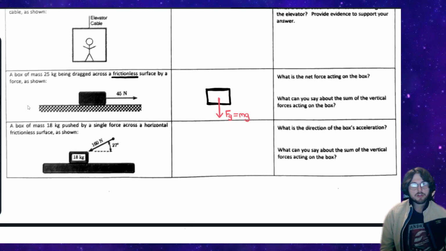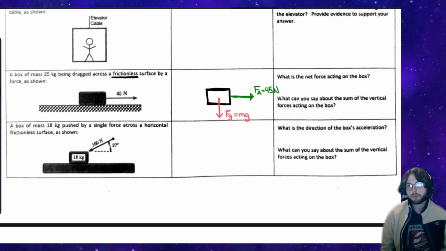All right, so next, let's go ahead and just put this force on the board. So we've got an applied force, it looks like, of 45 newtons going to the right this way. All right, and so I'm going to call that Fa, but you could also call it 45 newtons. Whoops, broke into the other box there. All right, and then finally, currently we have a net force acting on this box, but it doesn't look like it should be accelerating in the vertical direction.